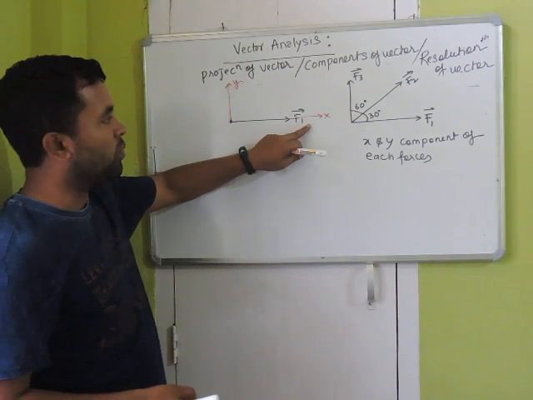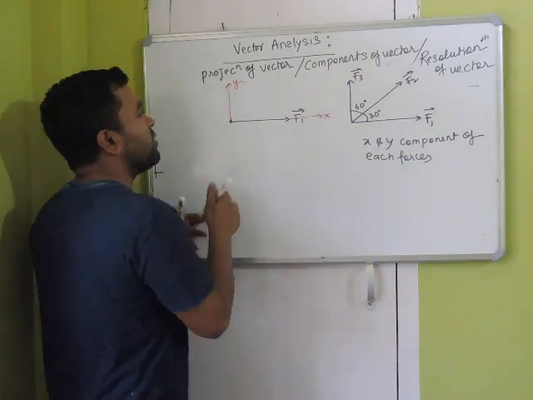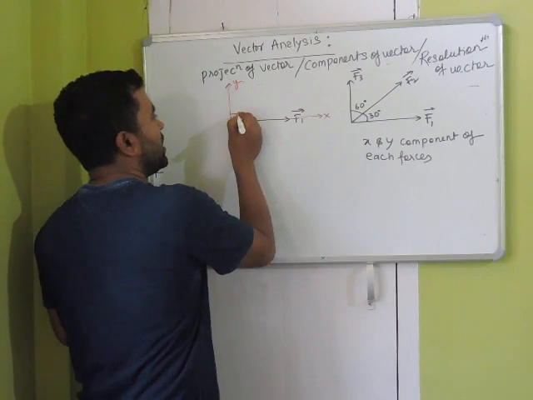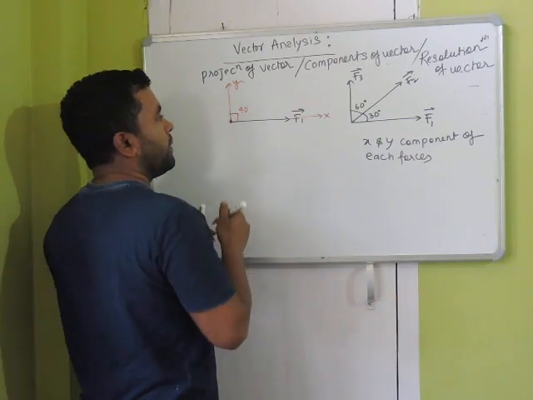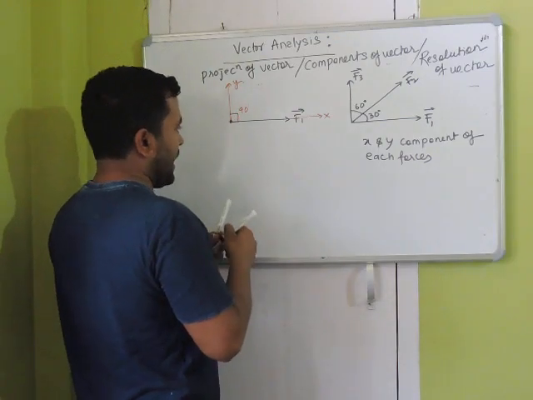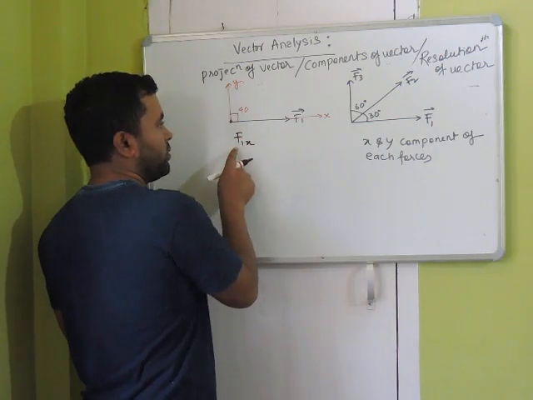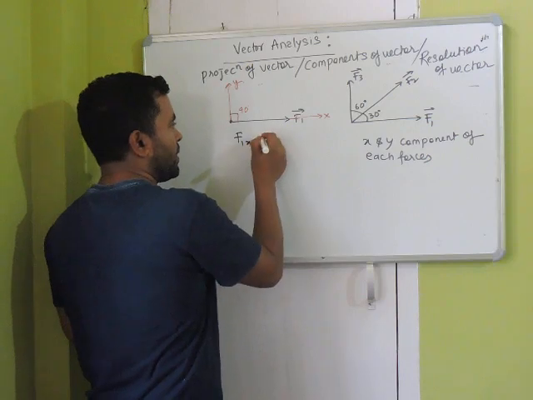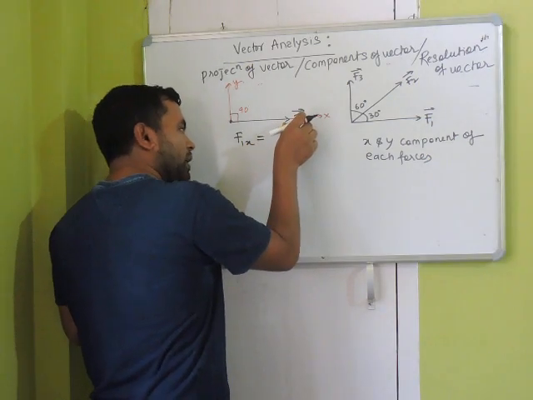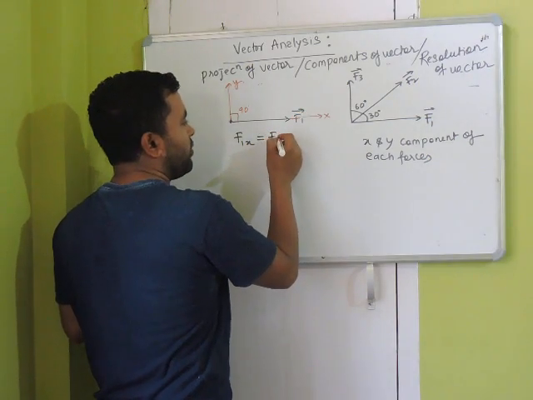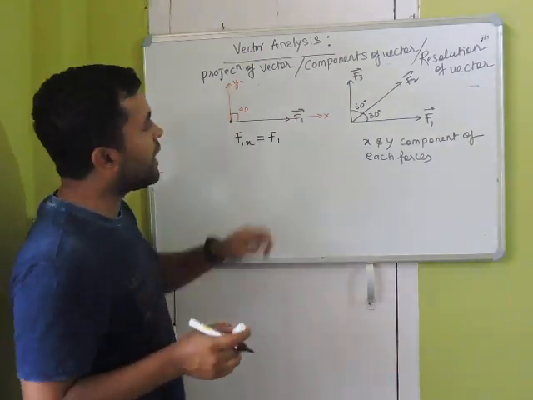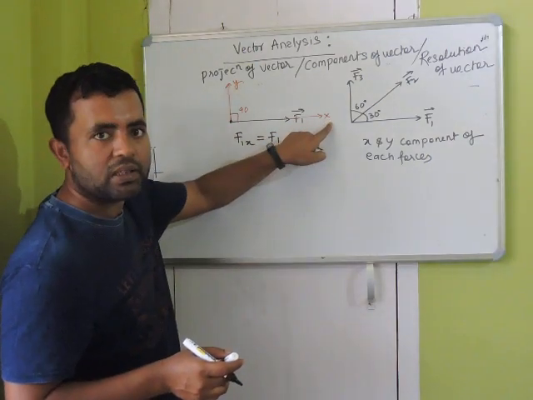It is making 0. What angle is F1 making with the y-axis? It is making 90 degree, right? So F1 x component, force 1 x component, is the magnitude of the vector, which is F1 times cos of the angle which it makes with the x-axis, cos.